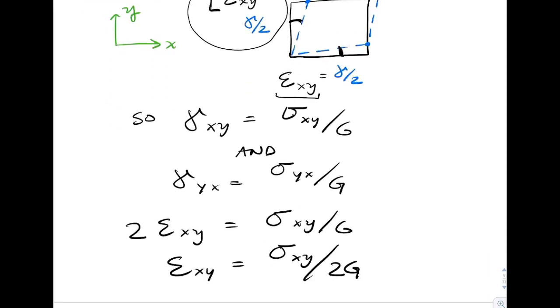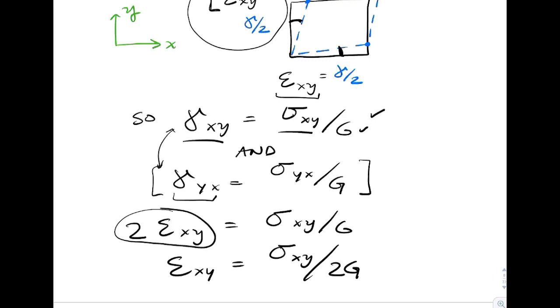Here's our summary: the shear strain comes from the shear stress divided by the modulus of rigidity. Those two have to be equal to each other, and those shear strains, gammas, are equal to twice epsilon xy. So epsilon xy is going to be sigma xy divided by 2G.